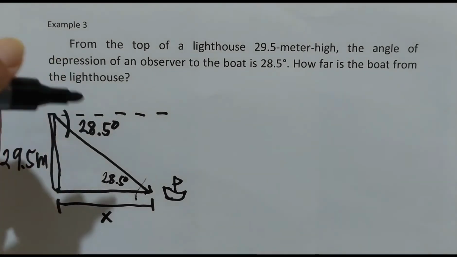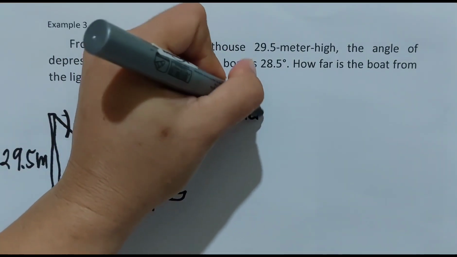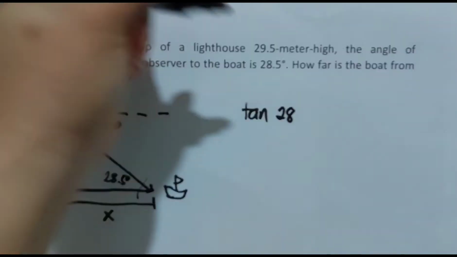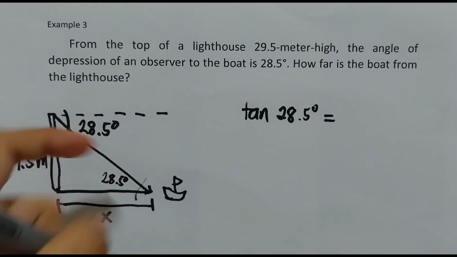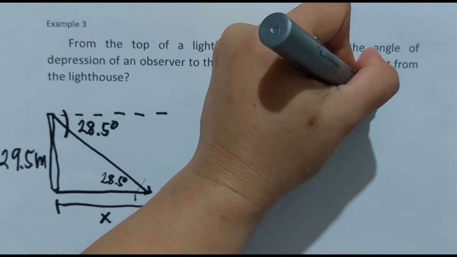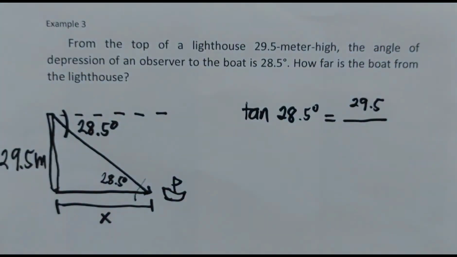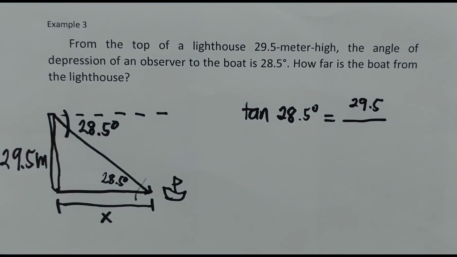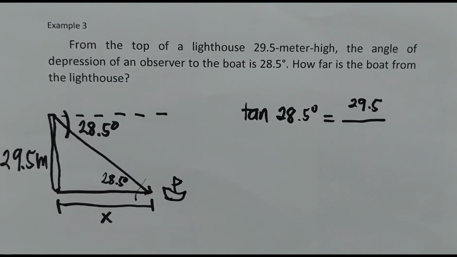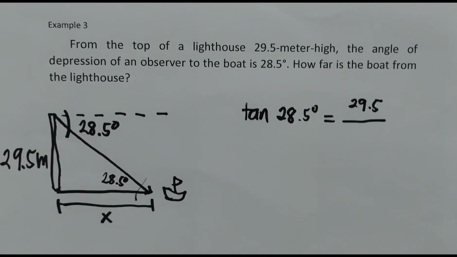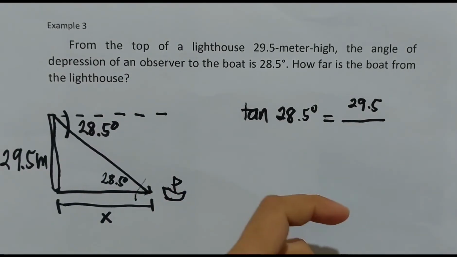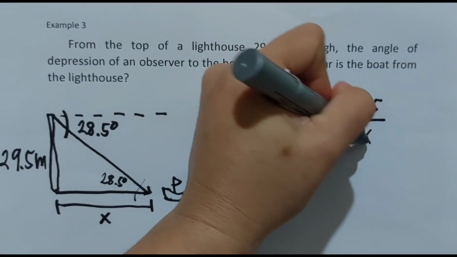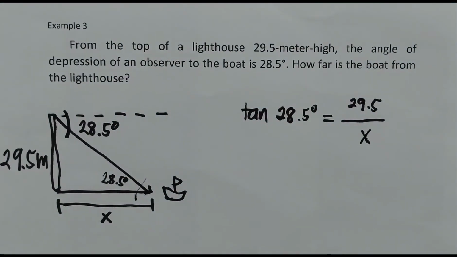Again, we're going to use tangent 28.5 degrees is equal to the opposite, which is 29.5 meters, over x.